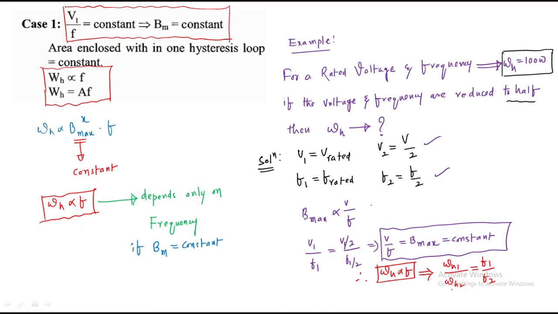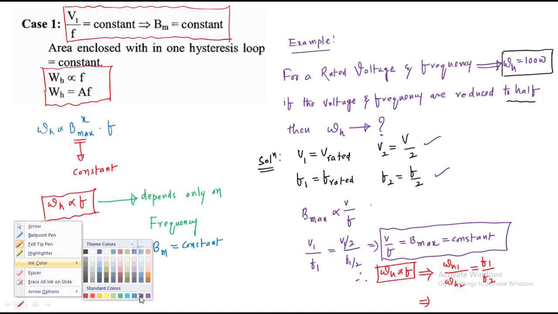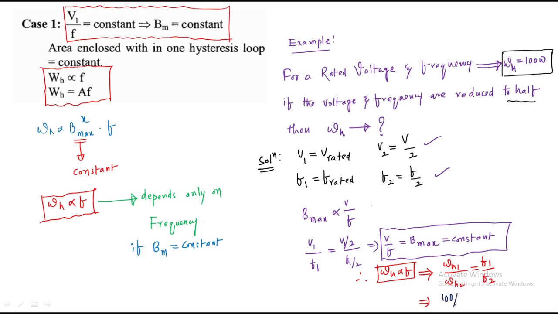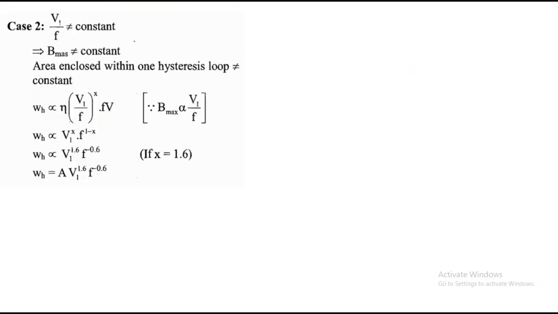So 100 by WH2 equals rated by 1 by 2, and from this we get the hysteresis loss as 50 watts. This is how you calculate the hysteresis loss for this case. In any case, in accordance with the voltage, the supply frequency is also reduced to half, so obviously the value of Bmax is constant. This is case 1. Now we have to discuss case 2.